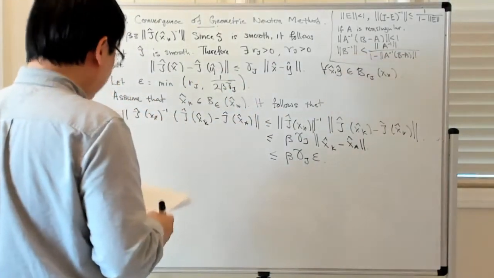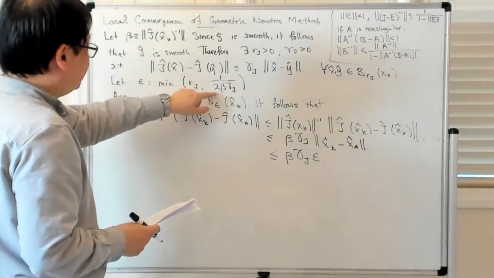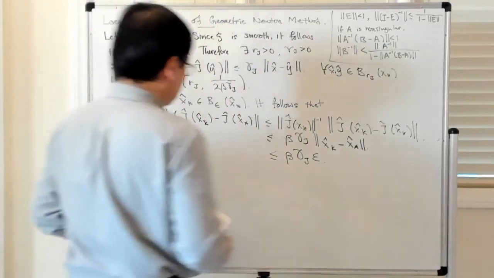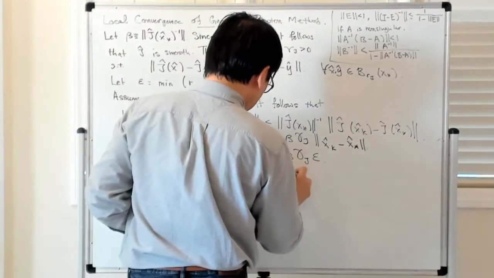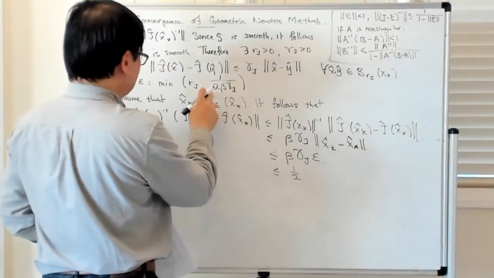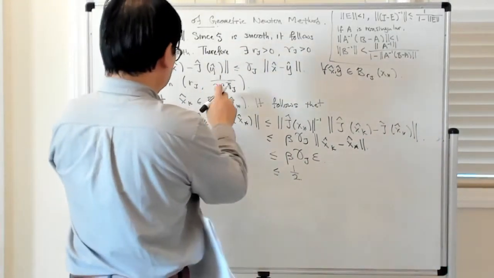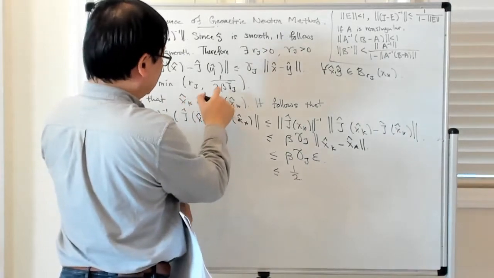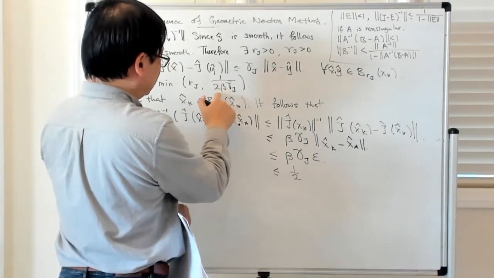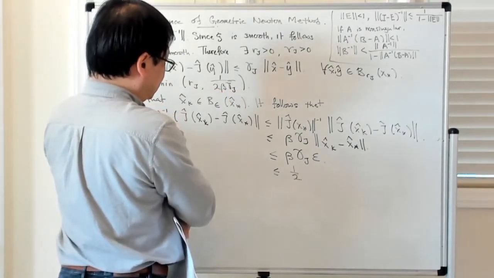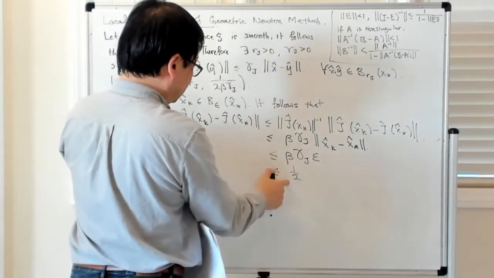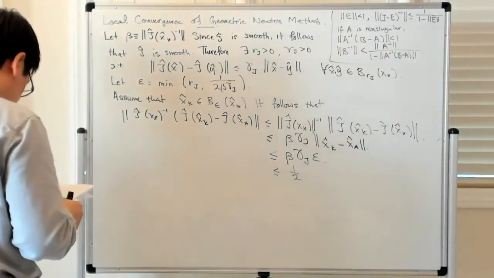But we've chosen epsilon to be the minimum of these two things. So this is less than or equal to 1/2, because epsilon is smaller than or equal to 1 over 2 beta gamma J. So that gives you the 1/2 there.